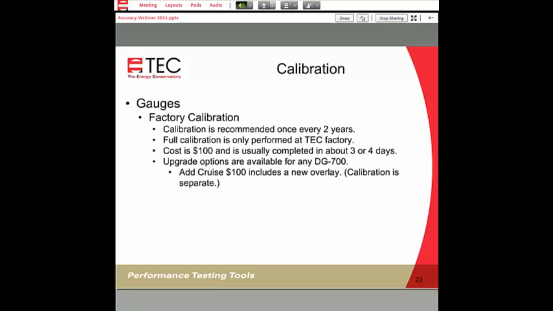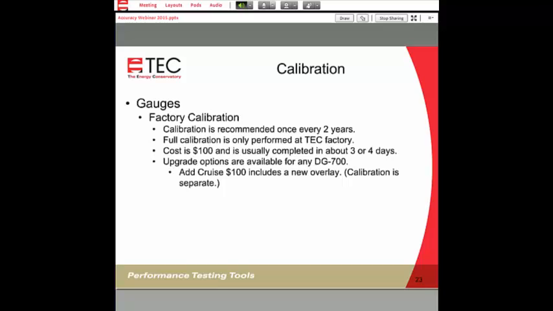Now, it's not all of them, but it's going to be a small percentage. And as you get further and further out, the chances that more and more gauges will start to exceed the 1% accuracy. So we want to make sure that every 2 years you get that done.